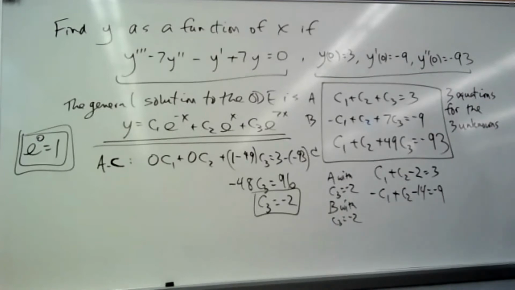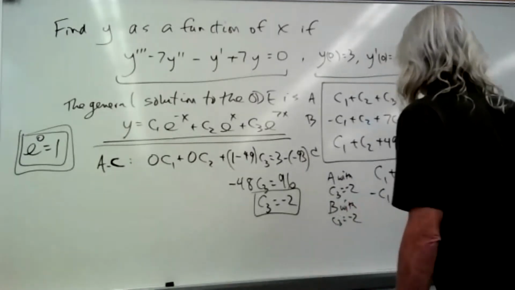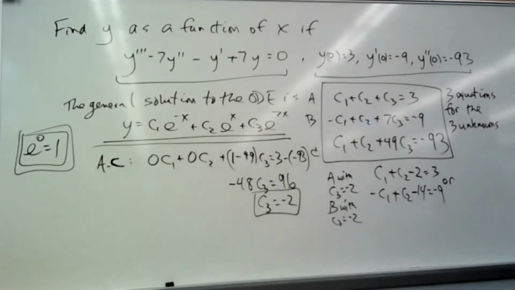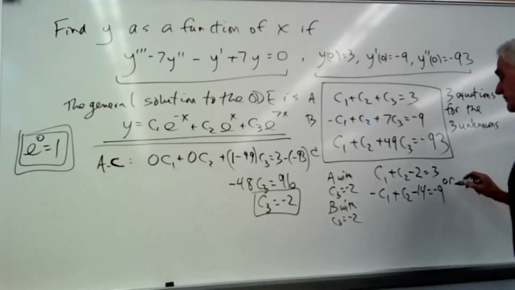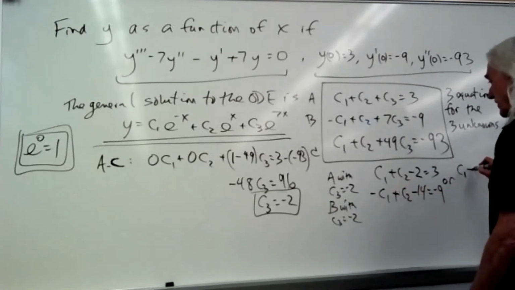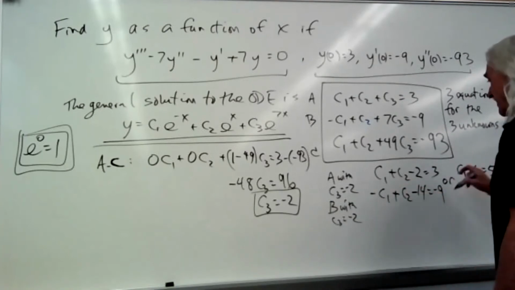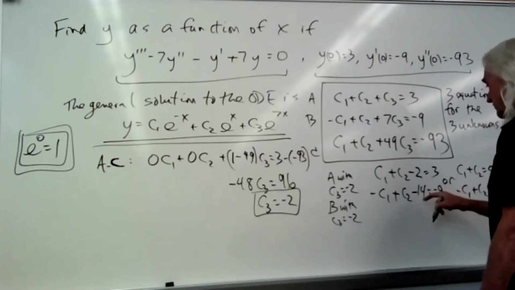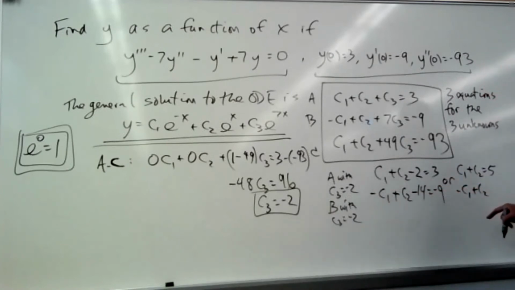Okay. How much room do I have on the right? Maybe enough. C1 plus C2 equals 5. Bring that over. Negative C1 plus C2 is going to be 14 minus 9. That's 5 as well.